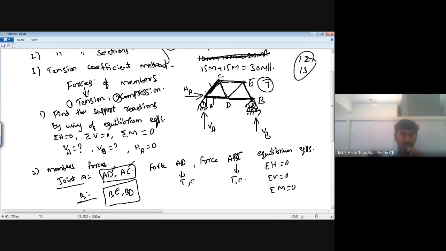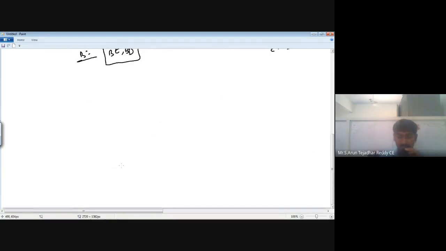It's very simple. The first point is to find the support reactions, and the second point is to find the member forces by using joint equilibrium equations. While doing the calculation, first you need to understand positive and negative direction.